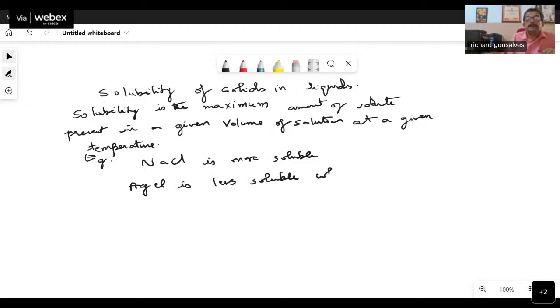Sodium chloride is soluble; you add any amount of sodium chloride, it goes on dissolving. But if you add 1 crystal of silver chloride into 50 ml of water, some amount dissolves, but some amount remains undissolved.